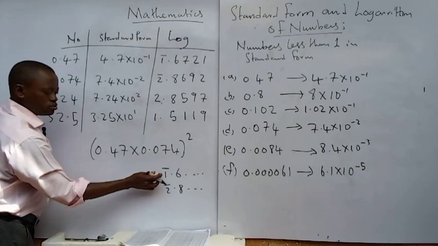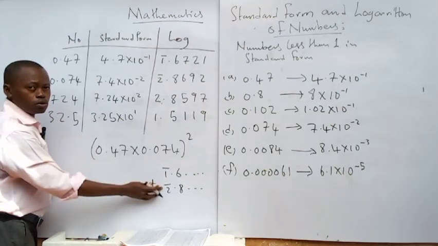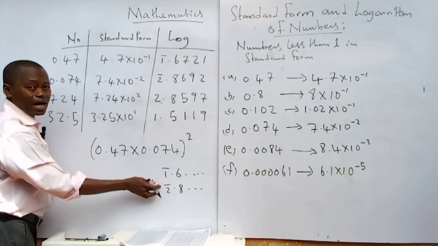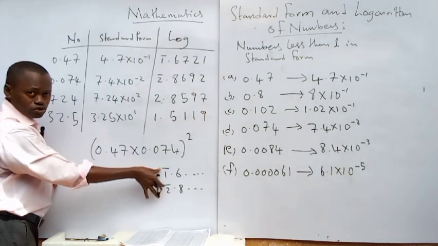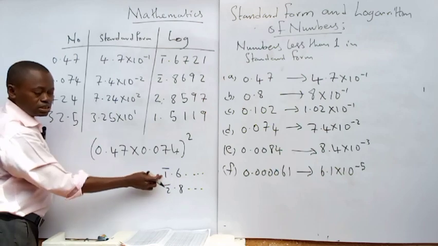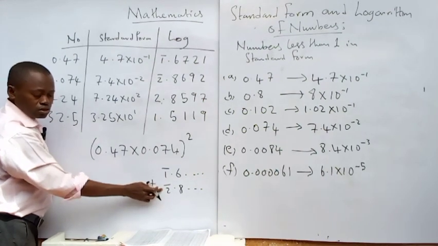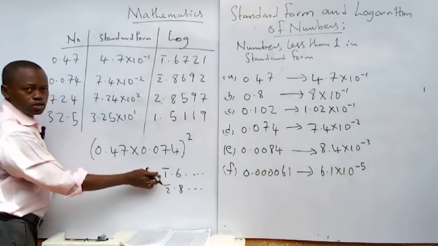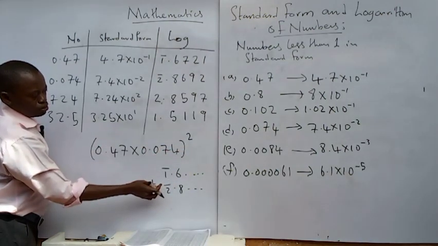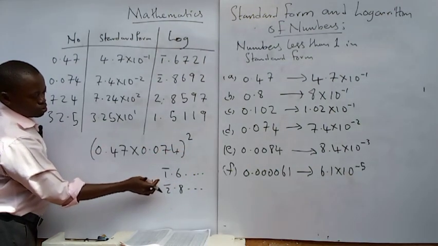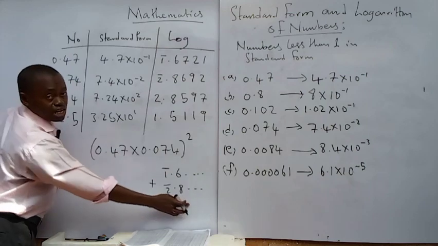The addition of this is what we call addition of bar notations. I'm going to handle this as a separate discussion. I will discuss the addition of bar notations, subtraction of bar notations, multiplication of bar notations, and division in bar notations, because we warrant that you are going to multiply when you have done this addition.